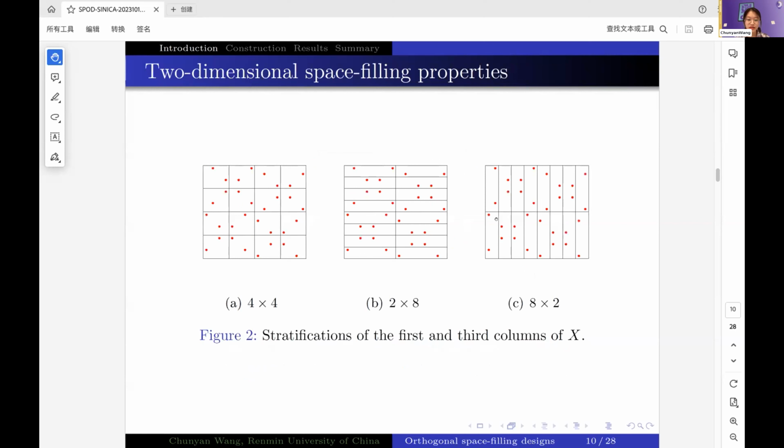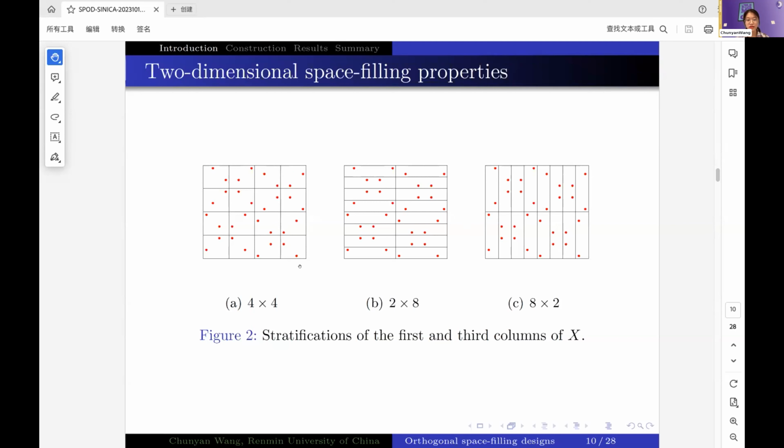So figure 2 shows the stratifications of the first and the third column of X. That means we can see that the points are the same. The difference lies in the way we divided the experimental field.